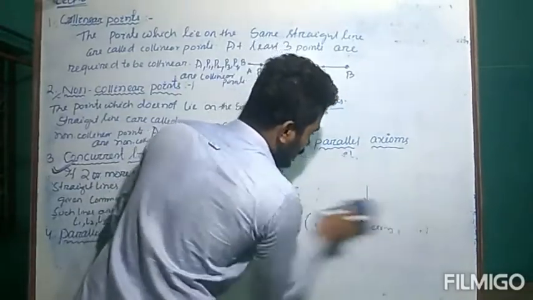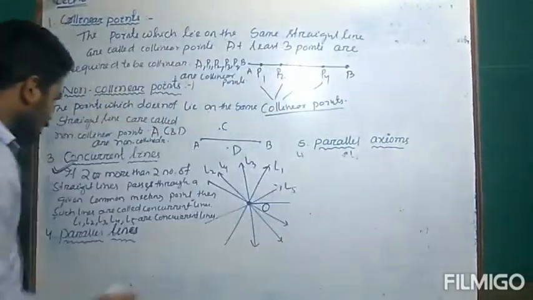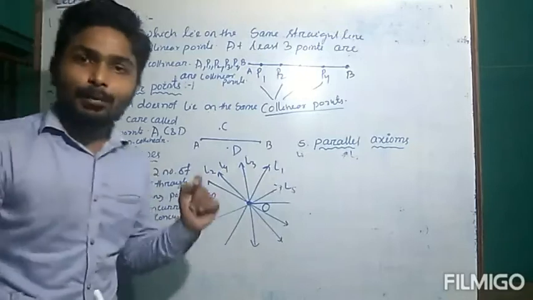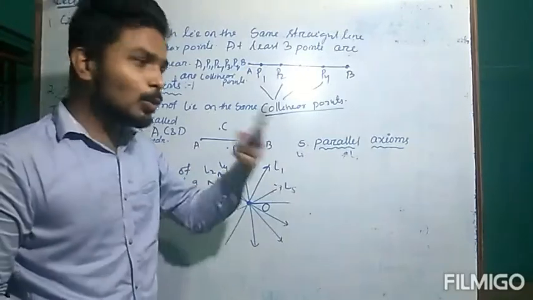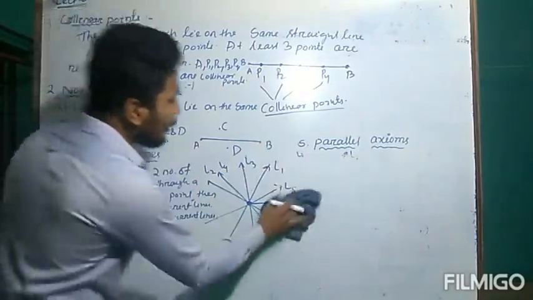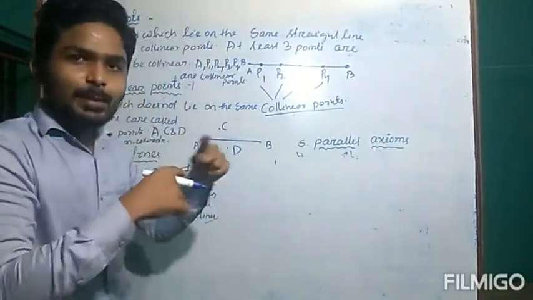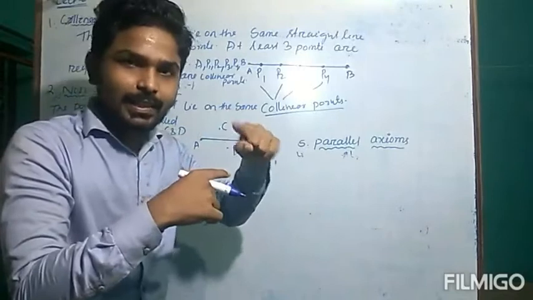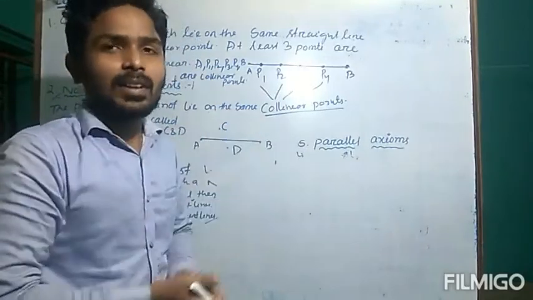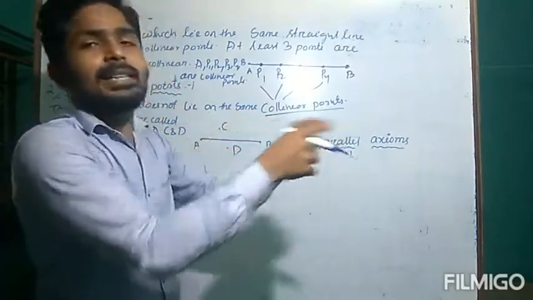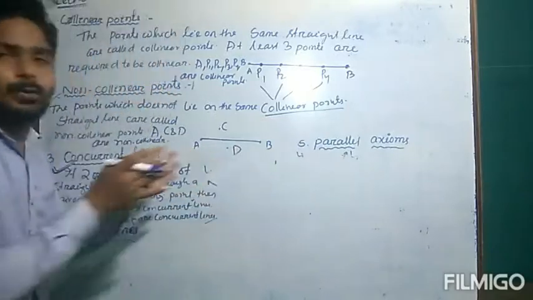Coming to the fourth important term, that is parallel lines. As I have told you, what are parallel lines? Two lines are said to be parallel if the distance between the two lines is fixed. This is the first condition. And the second condition is they will not meet each other if we produce them.